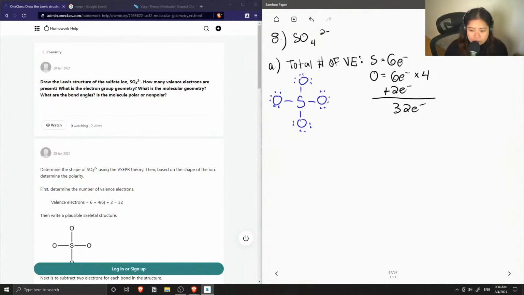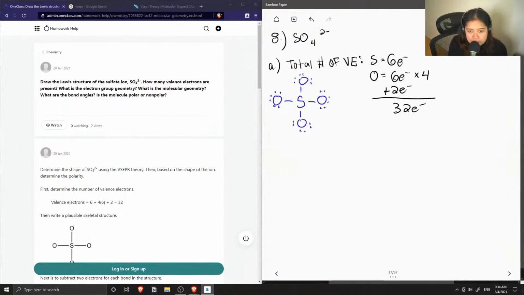And we want our overall charge of the ion to be -2. But if we were to bring a pair of electrons down on 2 of the oxygens to form a double bond, then the overall charge of our ion would be -2. So now our Lewis structure looks like this.